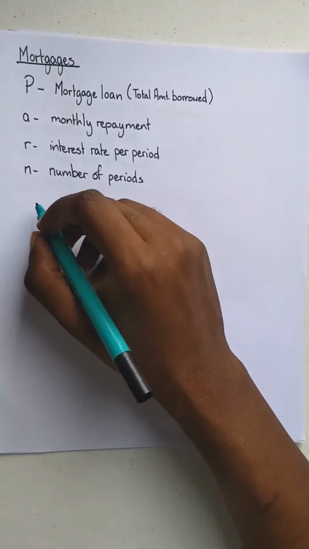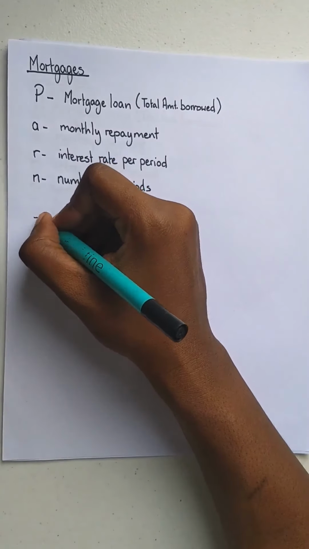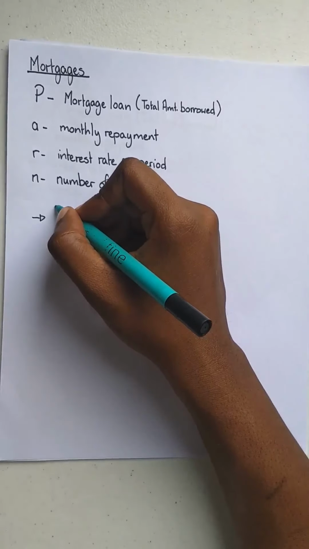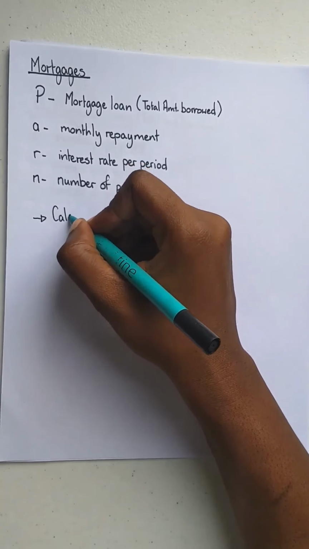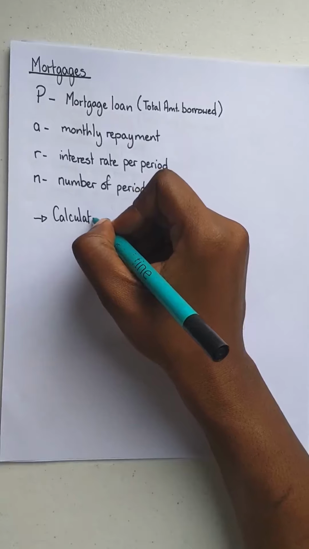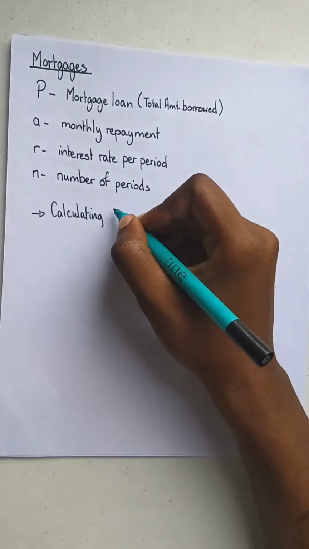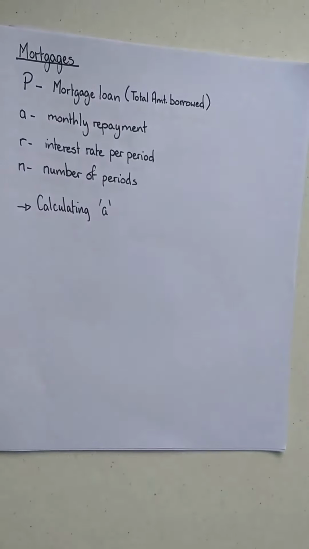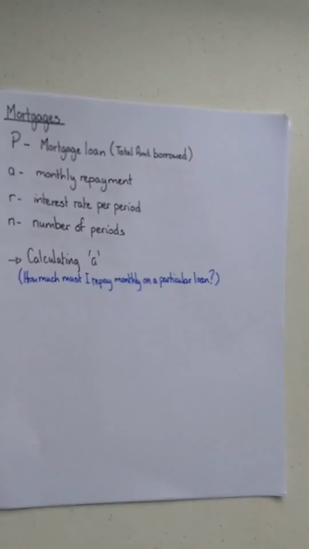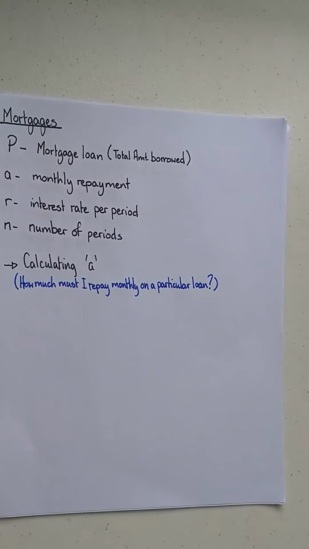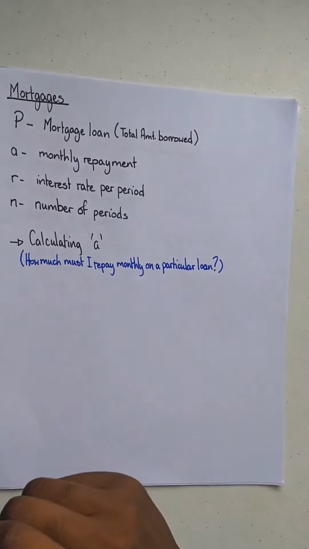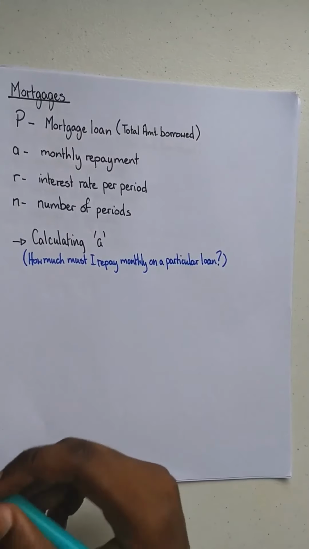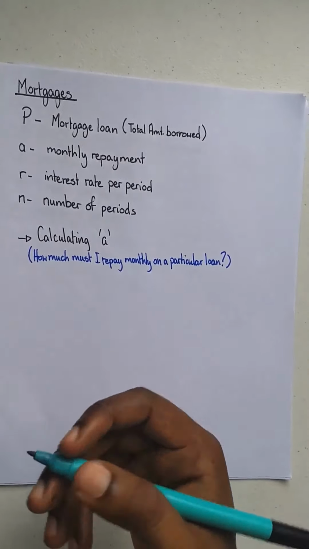We can either be solving for A or solving for P. Let's look at solving for A. Scenarios where you're asking the question, how much must I repay monthly on a particular loan or amount of money that I've borrowed?